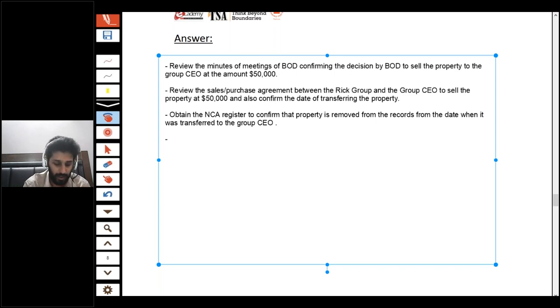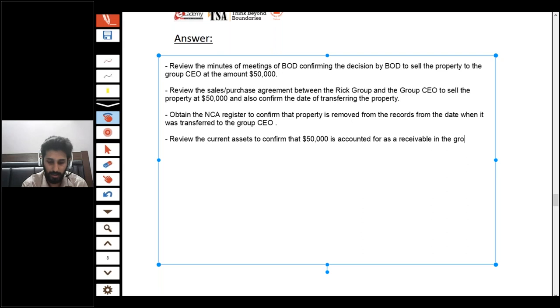So I will be reviewing the current assets to confirm that $50,000 is accounted for as a receivable in the group financial statements.